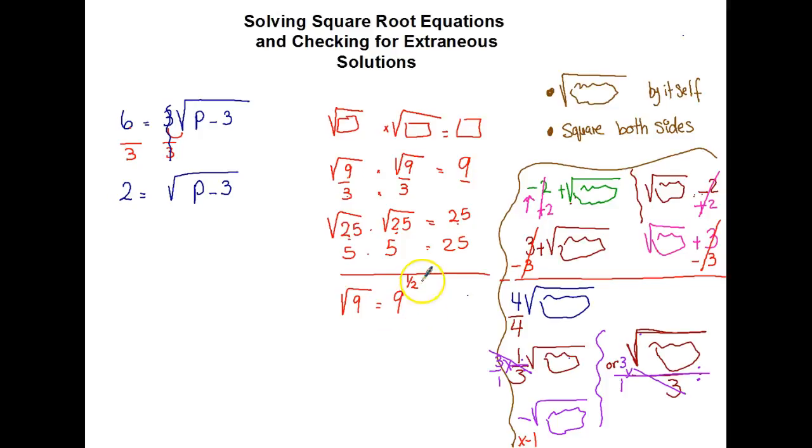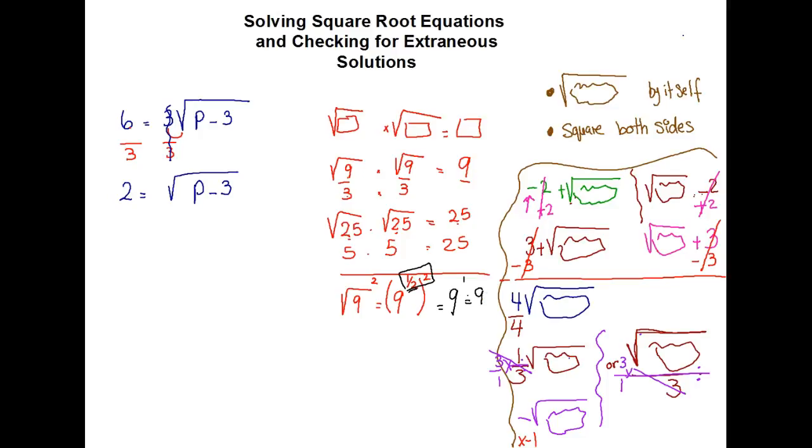So, if I square the square root of 9, that means I'm raising 9 to the half, then to the power 2. Well, we've learned in Algebra 1 that when you have a power to a power, you just multiply the powers. So the base stays the same. Half of 2 is simply 1. So it's 9. Okay, back to the problem.